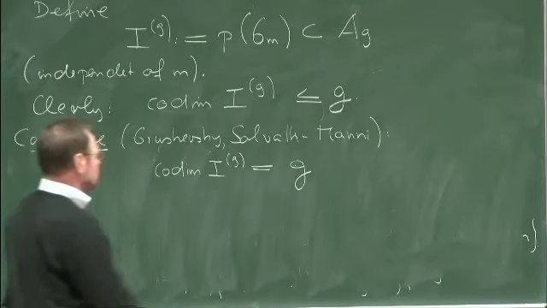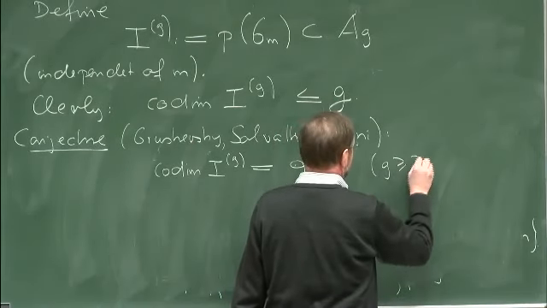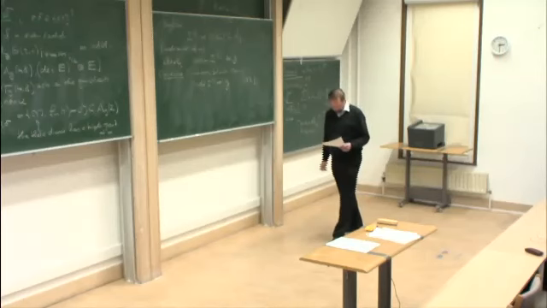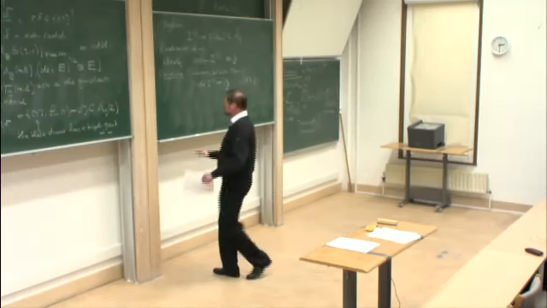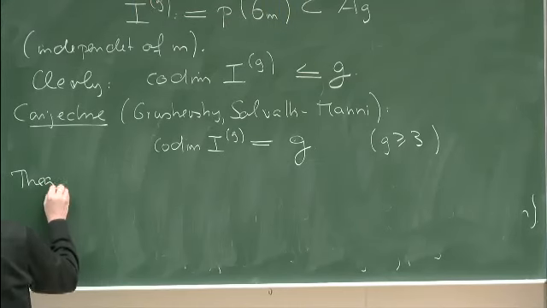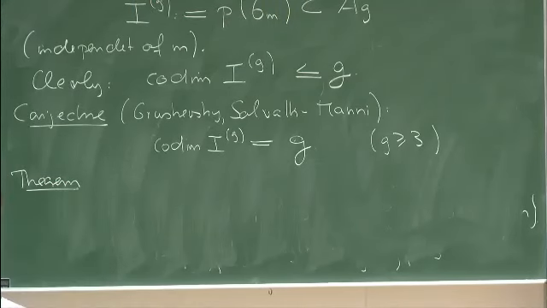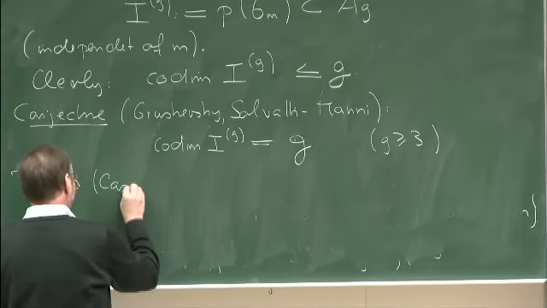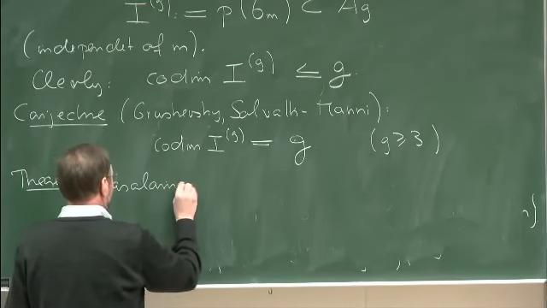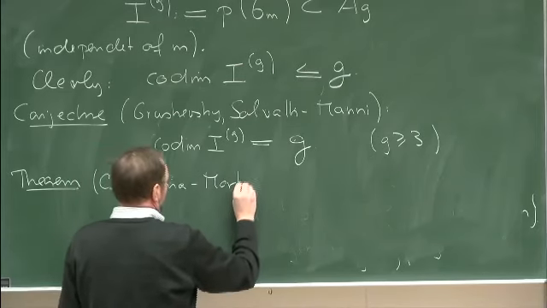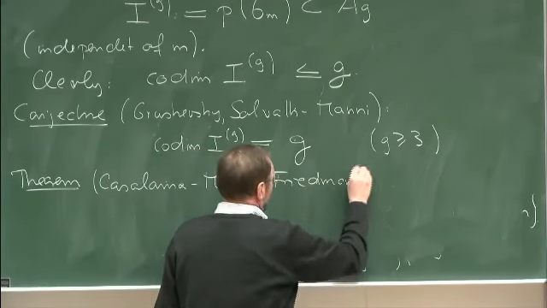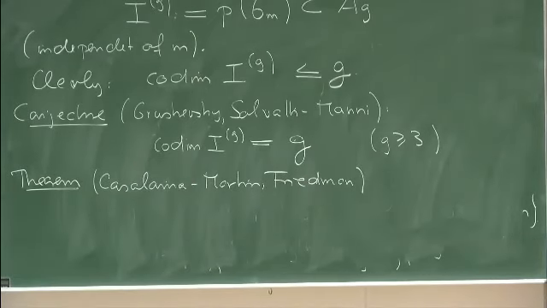I should say g greater than or equal to 3, because otherwise it's empty. And this is known for small values of g. Again, Casalaina-Martin and Friedman, they didn't write it in this way, but it follows from their work.